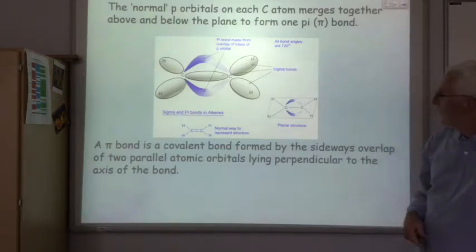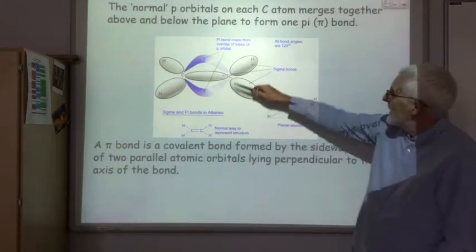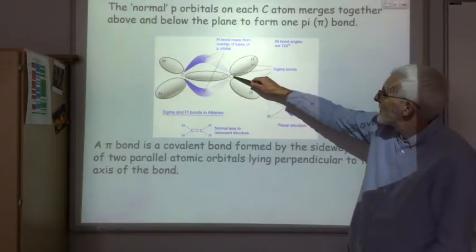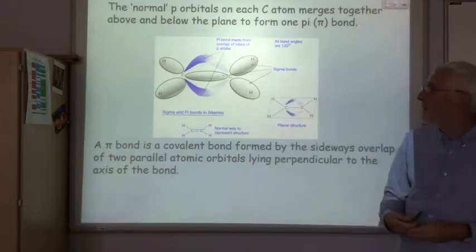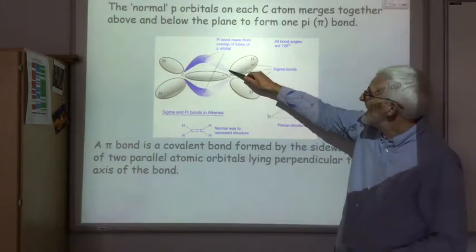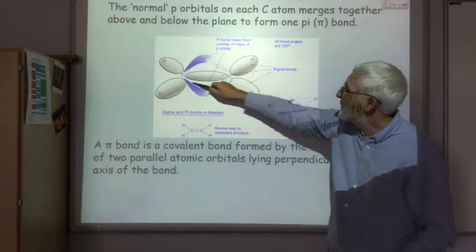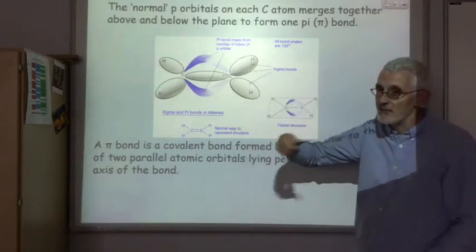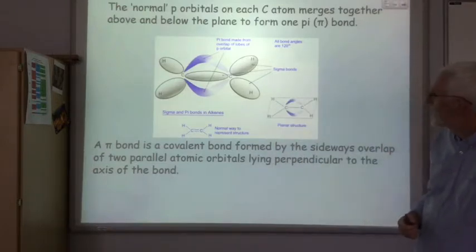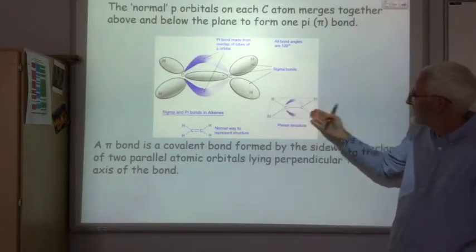Okay, so in an alkene then, one of the carbon-carbon bonds is just a normal sigma bond, but the second one is a pi bond. Okay, and all the carbon-hydrogen bonds are sigma bonds. The structure of an alkene is planar.